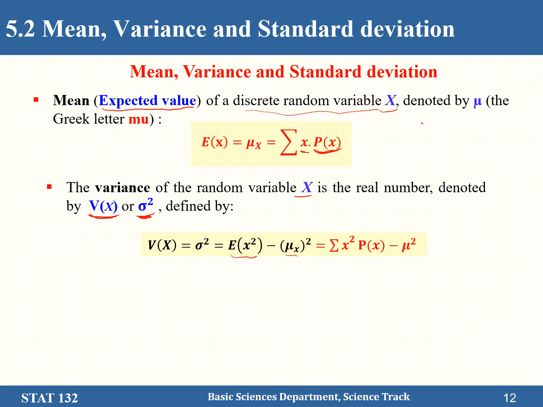If you do some more calculation, you can show this is equal to the sum of x squared times p of x minus mu squared. So we generally use this rule here.